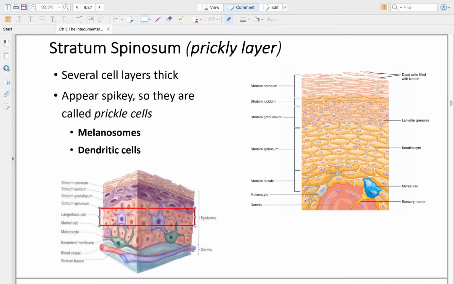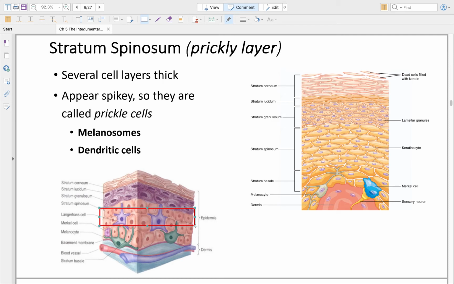And remember we mentioned that there were dendritic cells, and we also mentioned melanosomes and things like that. Some of the cells of the epidermis. Well, specifically, basically these cells that are in there, they appear spiky looking.